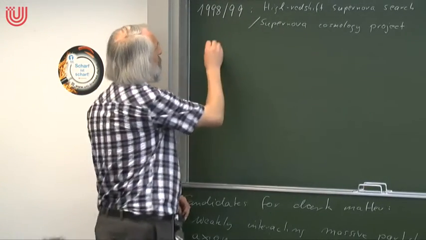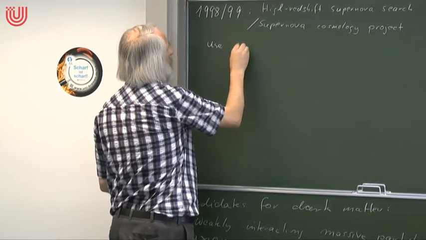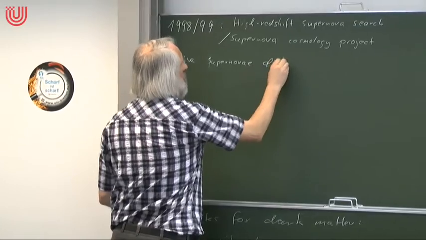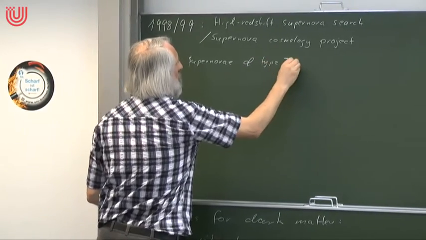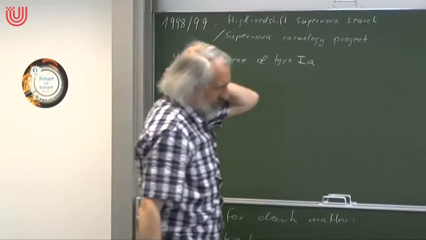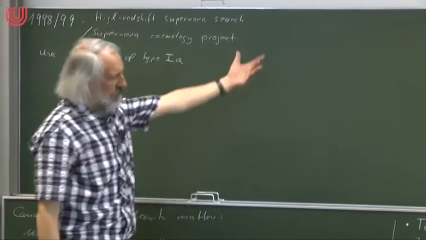And so they used a new kind of standard candles, the supernovae of type 1a. So what's the problem? The problem is that it's not so easy to find standard candles at large distances. Yeah?